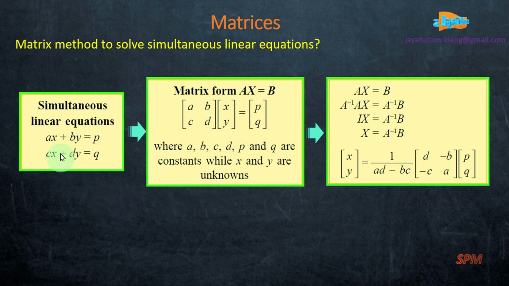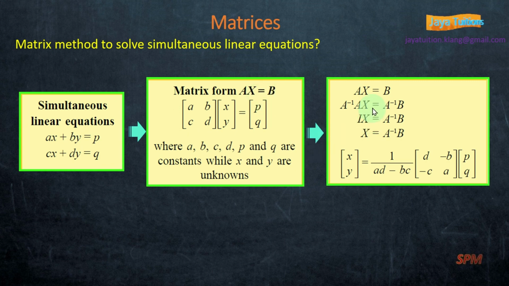The coefficients a, b, c, d will form the first matrix. x and y will become the column matrix, and p and q will be the matrix B in this case. So the simultaneous equations are transformed into matrix form: AX is equal to B.